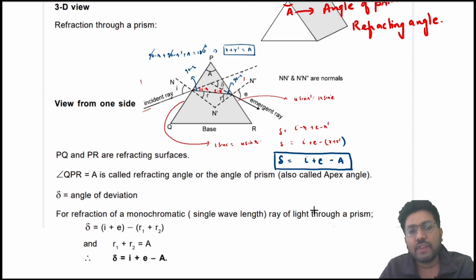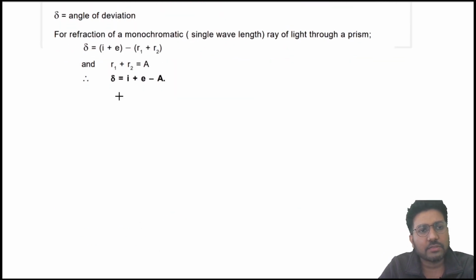So these are the two very important relations that you have to remember. I have taken here r1 and r2, you can take r and r dash also. I'll draw the diagram again so that it is very clear.